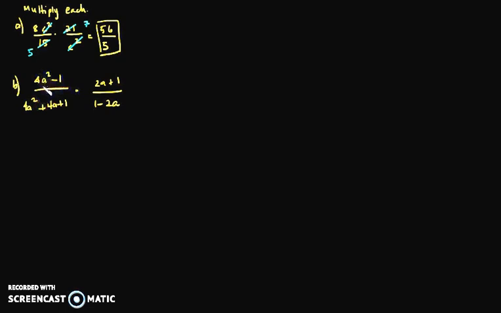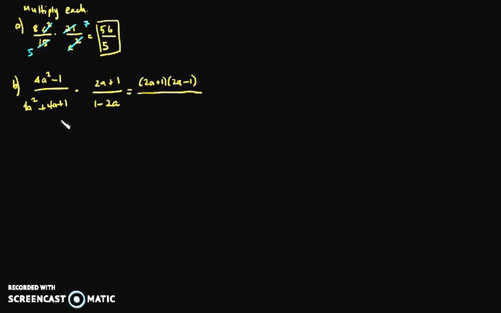As you can see, I can still factor this out using difference of squares. Rewriting, that gives me 2a plus 1 times 2a minus 1 all over.